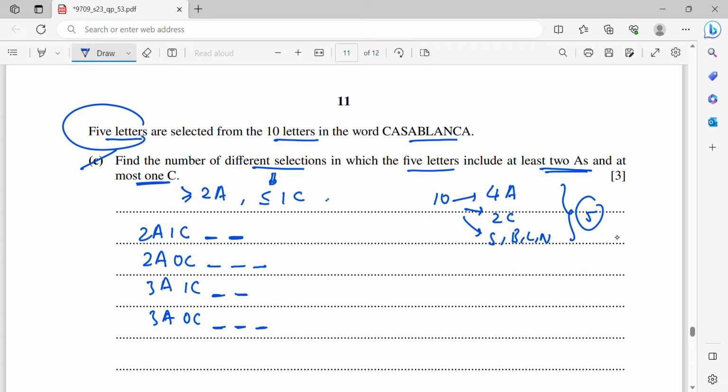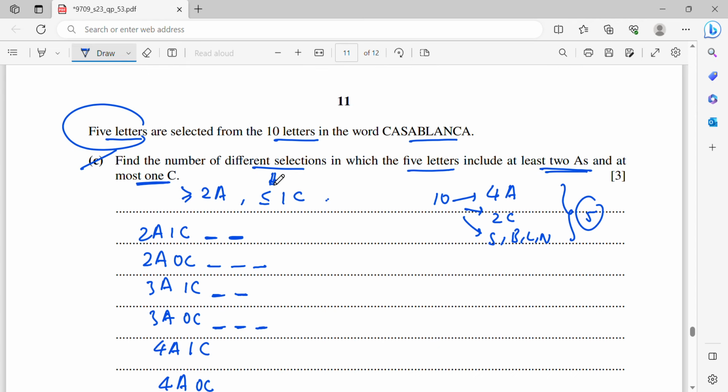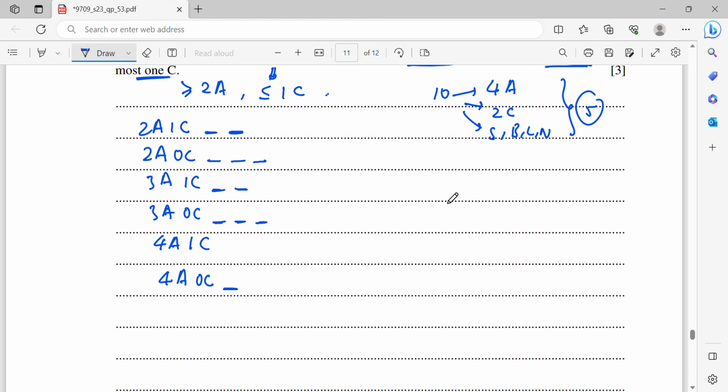Now, maybe it can be 4 A's. So 4 A's, 1 C is already 5 letters, so no need to choose other letters. Maybe 4 A's, 0 C, so when 0 C means that I need to choose 1 more letter. So I need to count the number of selections, because it's mentioned here, different selections. So now, my number of selections.